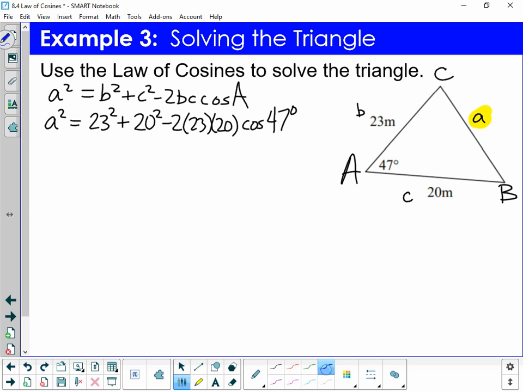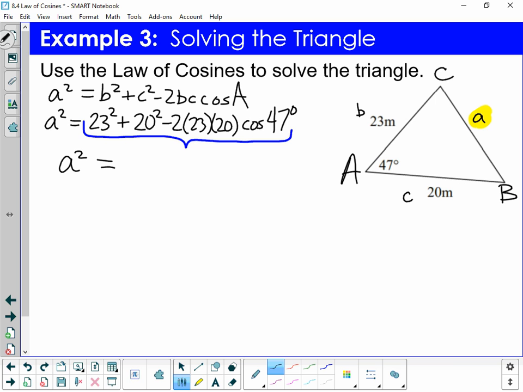So on the right-hand side, we're back to finding a side here. The right-hand side is just a number, and our calculator can calculate that number for us. Let me put that in. 23 squared plus 20 squared minus 2 times 23 times 20, cosine 47.